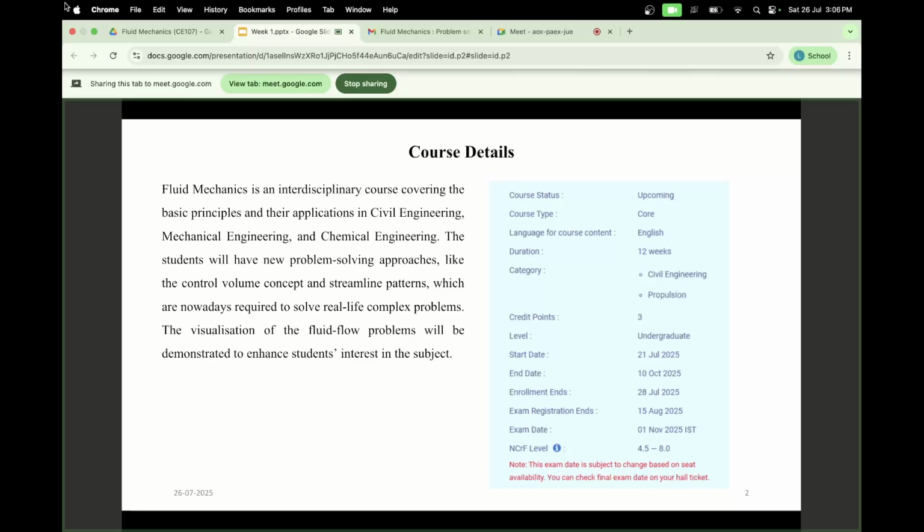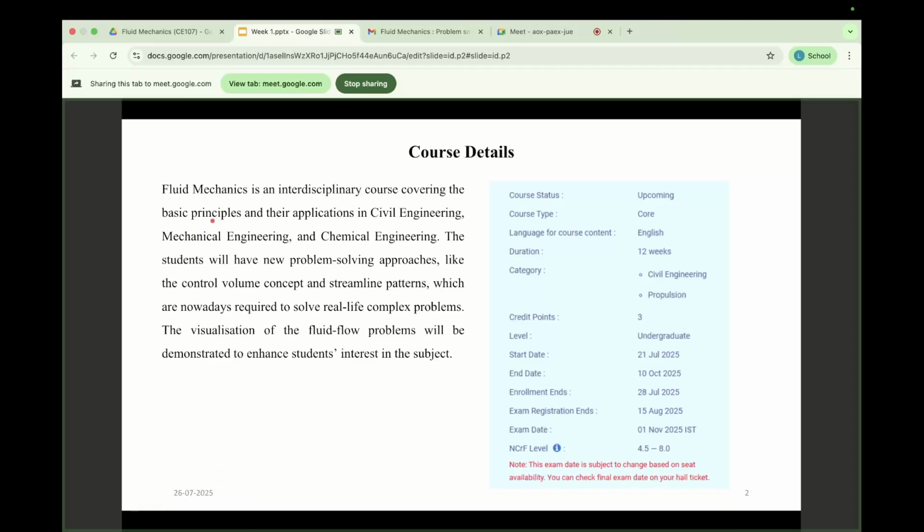We will get to know it in the upcoming lectures. You will study the control volume concept and the streamline pattern in the upcoming classes, and how to solve real life problems, we will learn through this problem solving session.